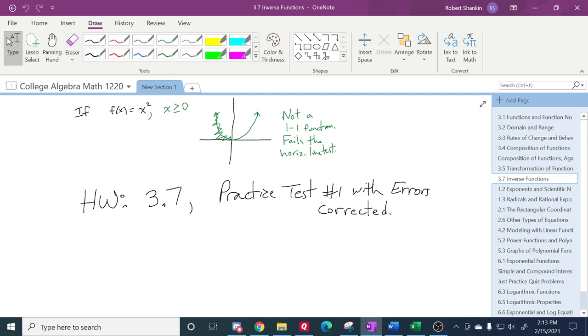If I message you via Discord during the exam, and I'll do that right at the beginning, I'll message a few people and say we're going to connect for a little bit, maybe 5 or 10 minutes during the exam, and I'll ask you to work out a problem and to show me your work. That's just to give a little accountability, to make sure that people are really doing their own work.